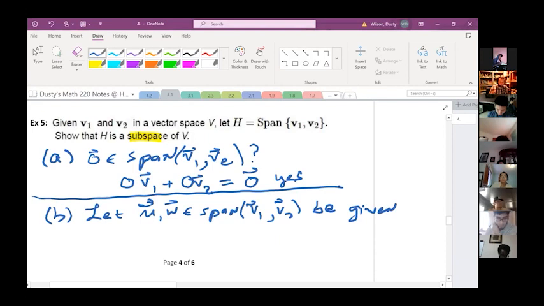If they're in the span, that means that U and W are both linear combinations of V1 and V2.